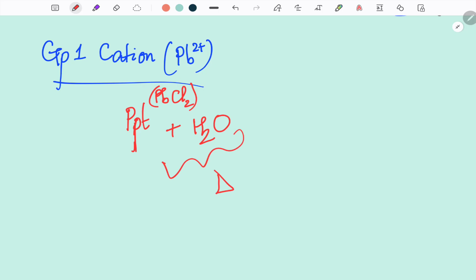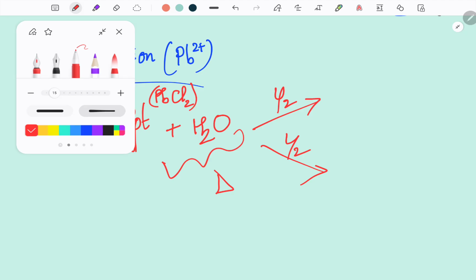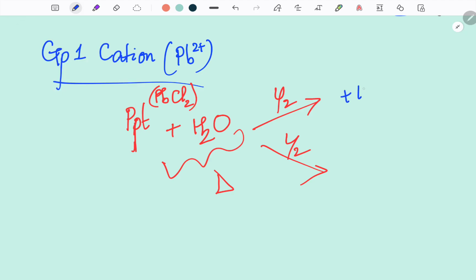So you are boiling the precipitate with water, and you have to divide it into 2 parts because we are going to do 2 confirmatory tests. For the first test, we are adding potassium chromate. Potassium chromate is K2CrO4. For the second test, you need to add a few drops of potassium iodide solution.